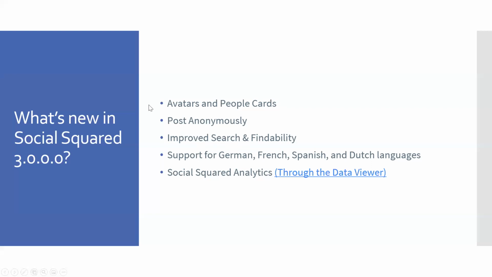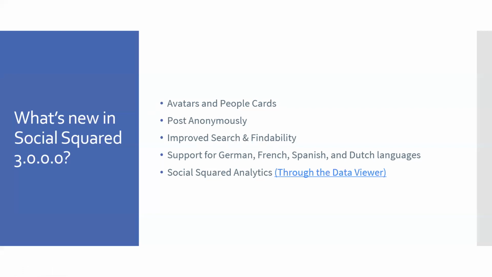The improved search and findability, so the ability to change the sentence that you're searching on, and also the highlighting of the keywords that you're searching for has been improved. And we've also created different language support for Social Squared as well. So we've got German, French, Spanish, and Dutch as additional languages.